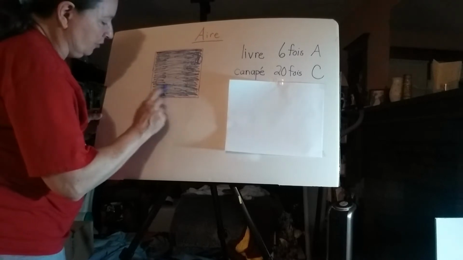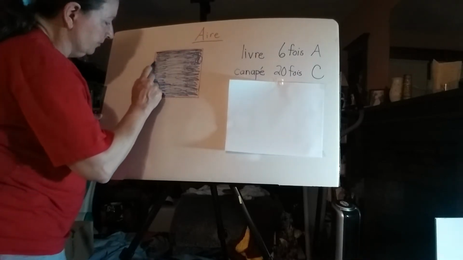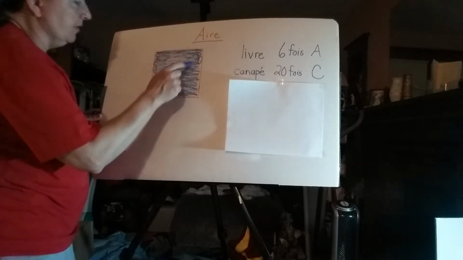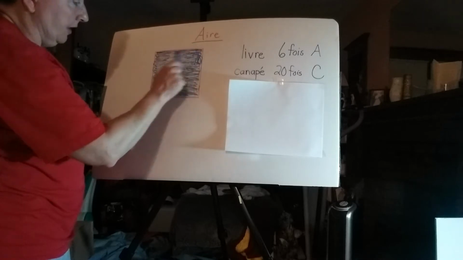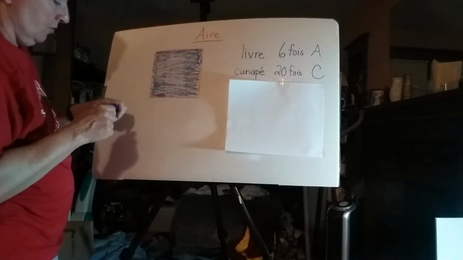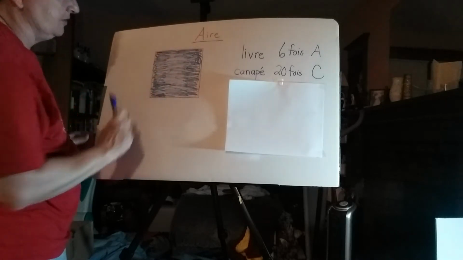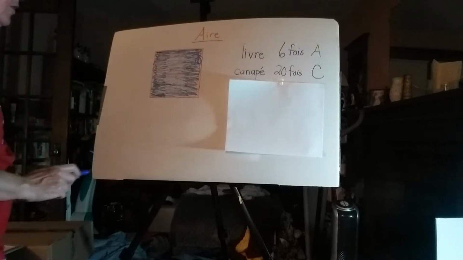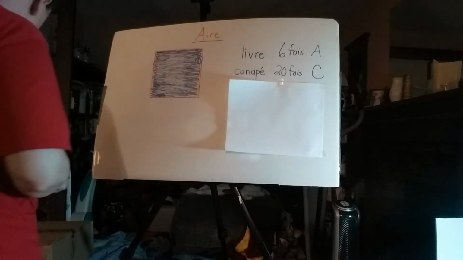So it would cover all of the area inside here. This is called the area. When we talk about covering all of the surface of something, we talk about covering the area of the surface.